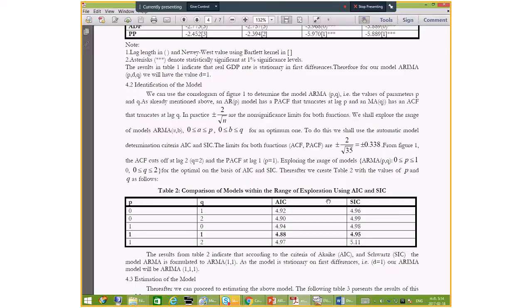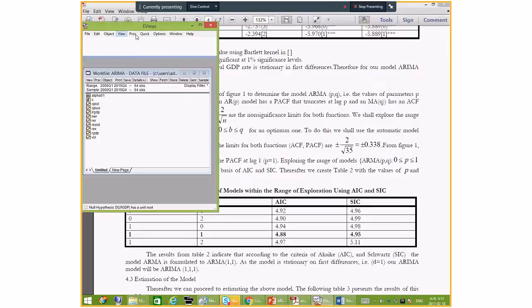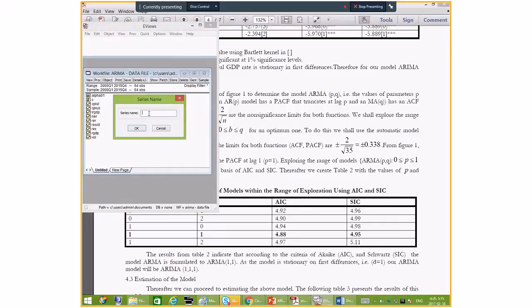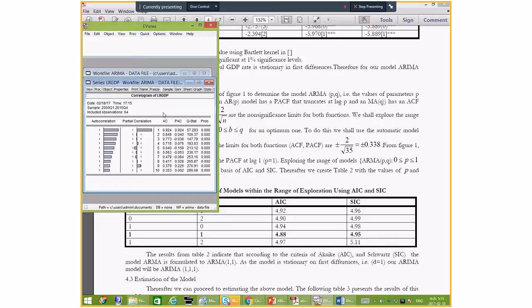Number of parameters P and then number of parameters Q. So, the MA in the model, the correlogram of the series. At the levels, there are more than 10.